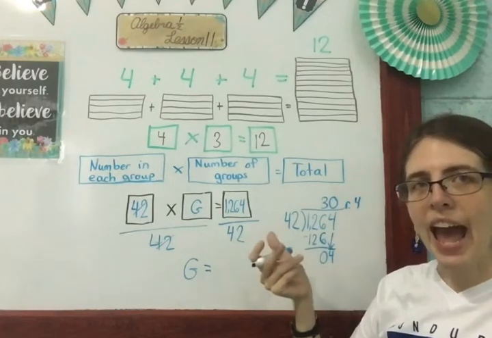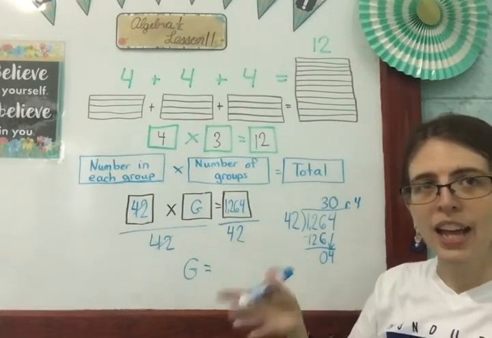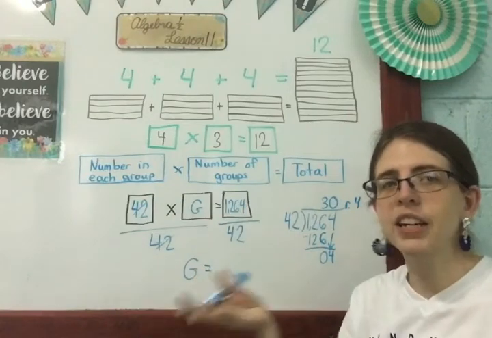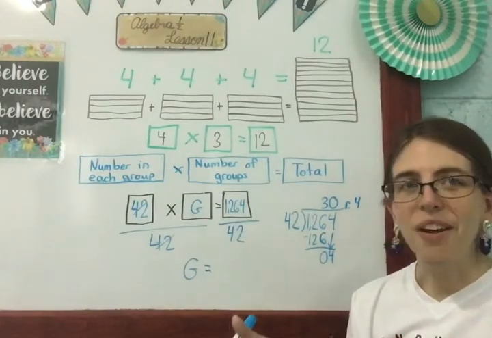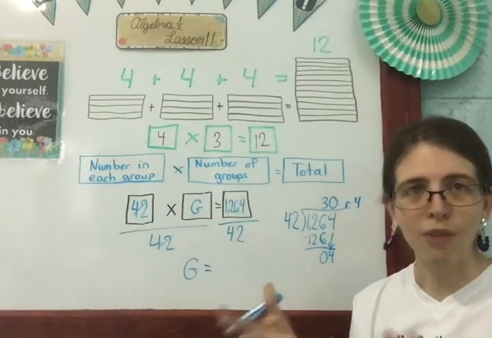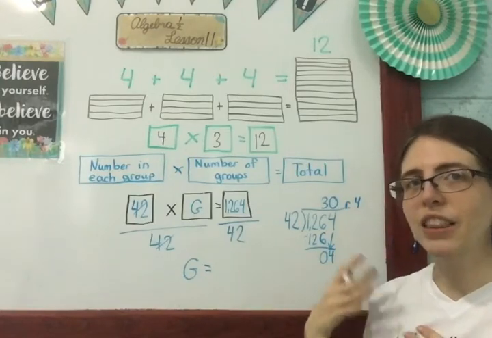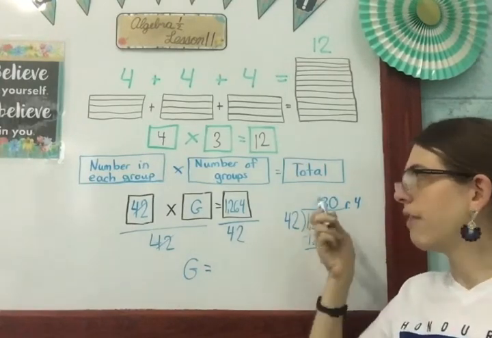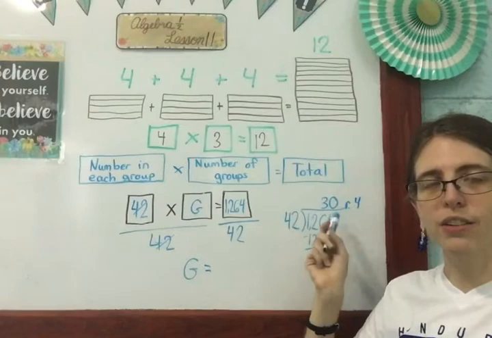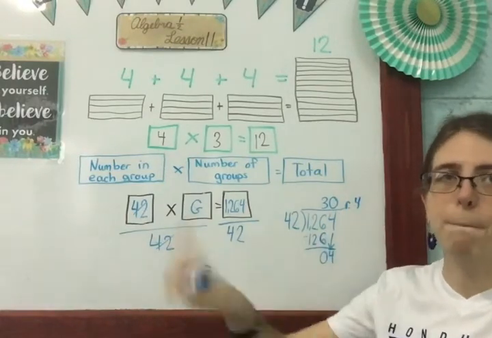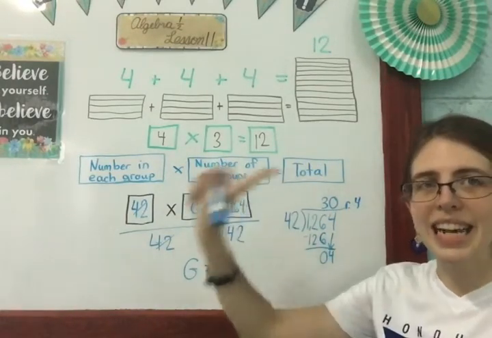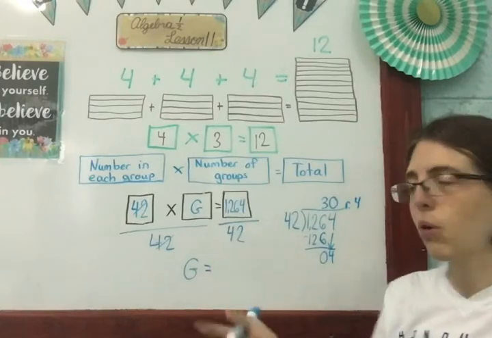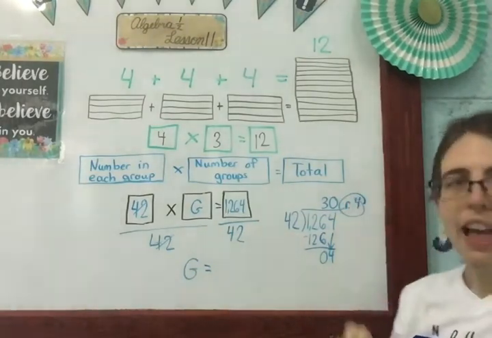I can't have a fraction of a bus, right? If you cut the bus in half, is it gonna go anywhere? No, you don't have enough of the bus for it to drive. So if I have a leftover when I'm finding my number of groups, then I have to bump up my groups. I need an extra group in order to fit my leftovers.